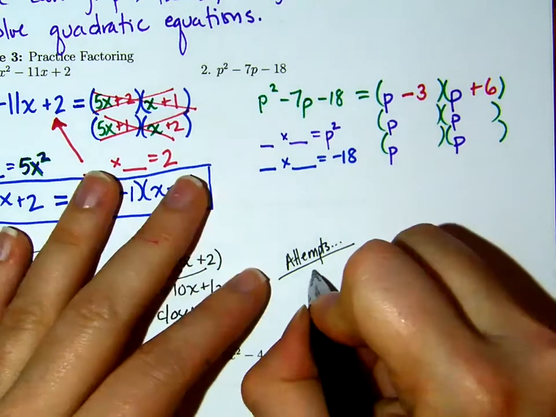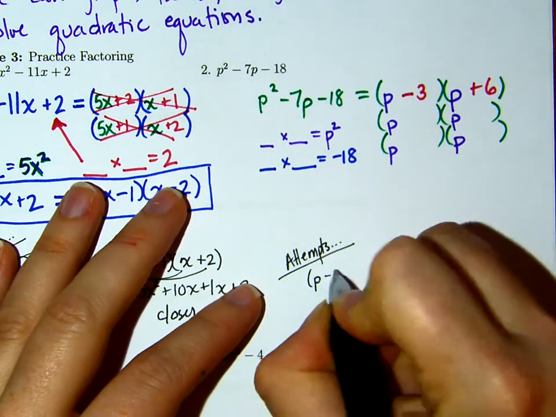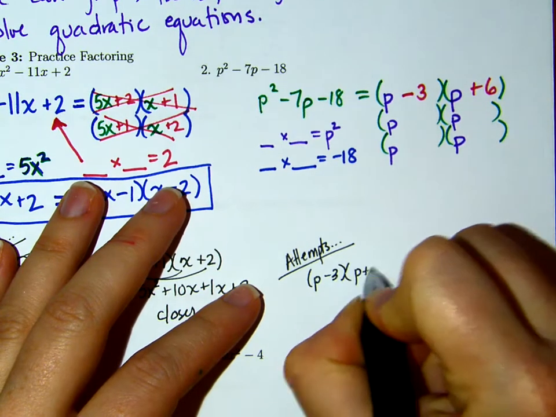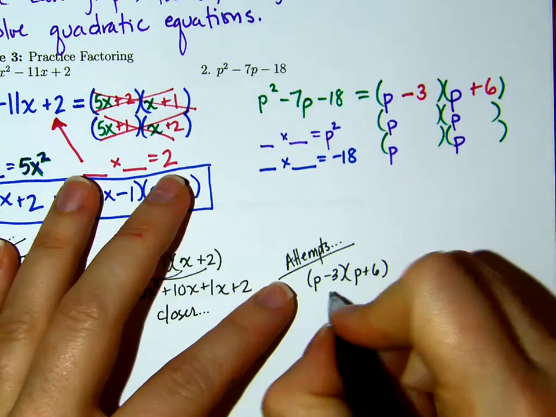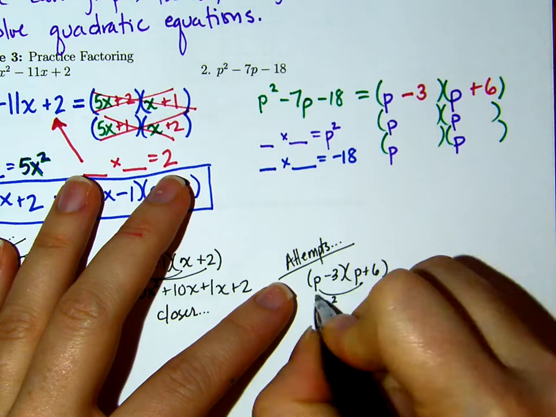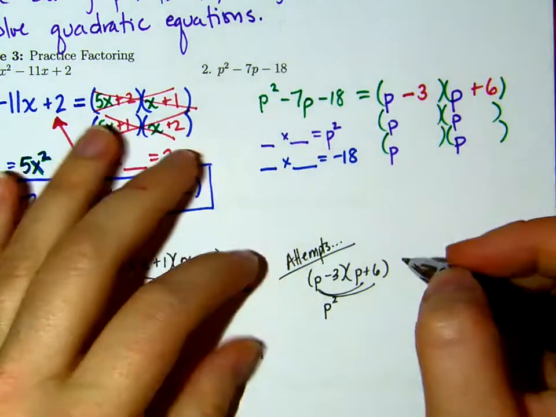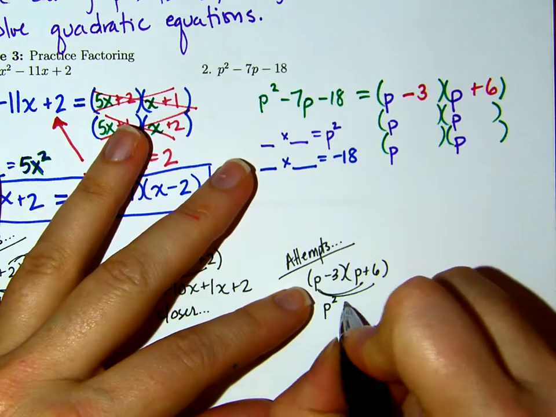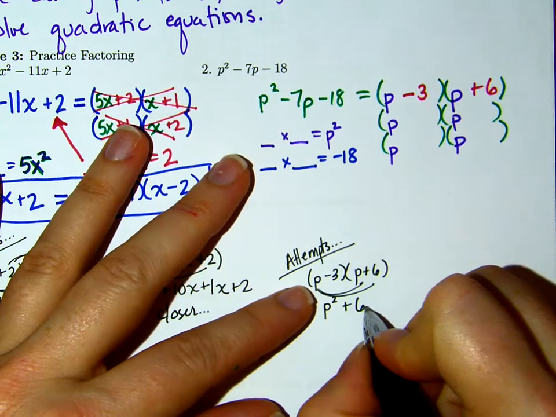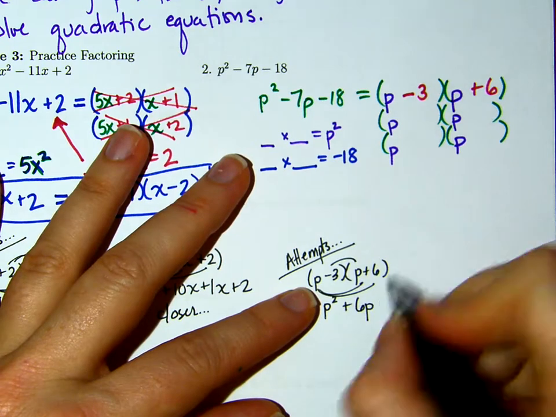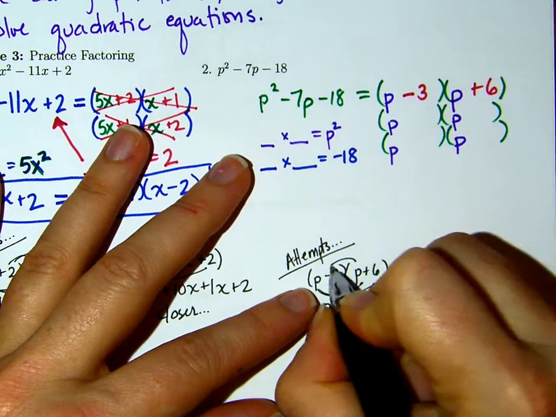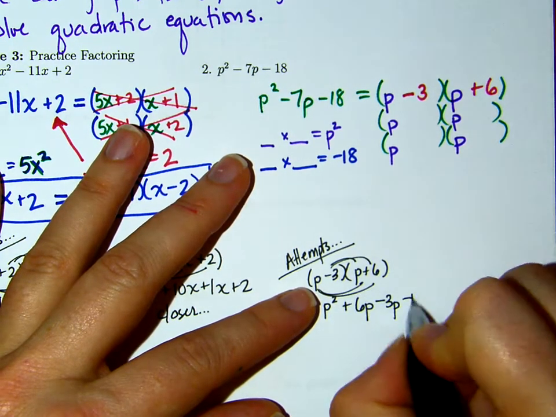Okay, and the only way to double check is to either do this or put it into the graphing calculator. I see p squared, but doing this actually tells me if I'm close or not. So I'm going to go to the trouble of doing this. P by 6 is 6 p's, and p by negative 3 is minus 3 p's, and then negative 3 by 6 is minus 18.